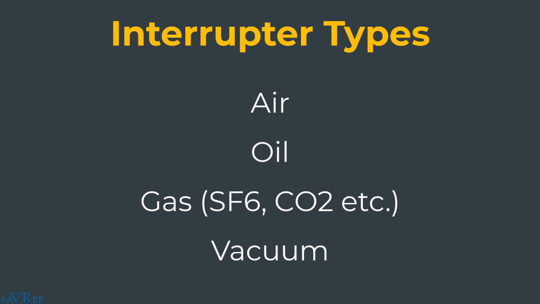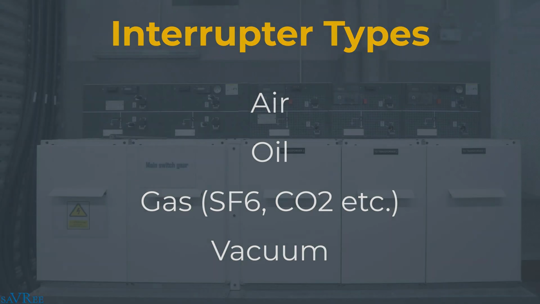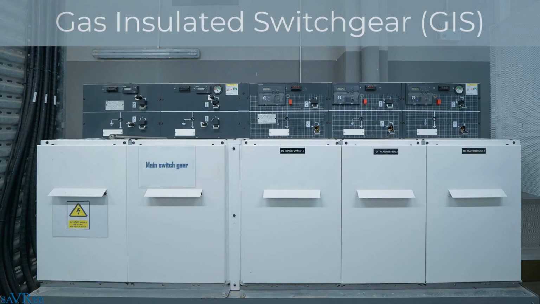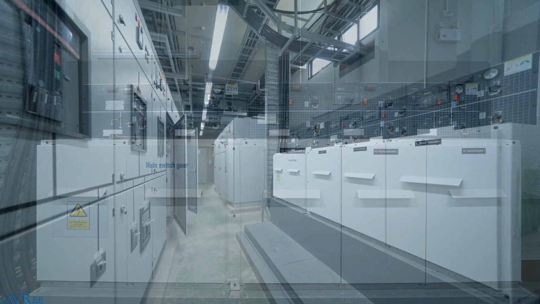SF6 is also referred to as a type of gas insulated switchgear, or GIS, and there are several gases that fall under this GIS category, carbon dioxide being another, although it's far less common than SF6. When you're looking at switchgear, keep in mind that low voltage switchgear is always air insulated.